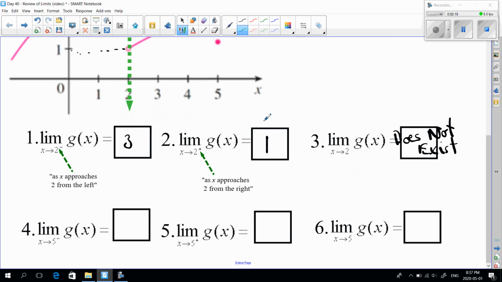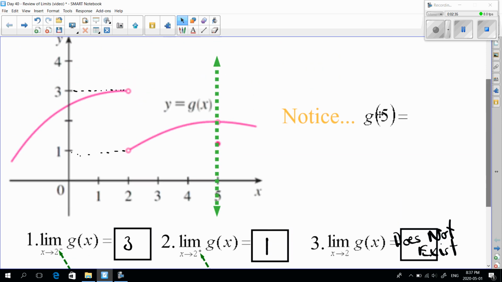Now we want to go to where x equals 5. I'm just going to move my straight edge, or your ruler, whatever you're using, to where x equals 5, so 5 units to the right. Again, I'm going to approach from the left and from the right, and then see what the limit is. If I approach from the left, I'm on this piece of the curve, it hops down, and I'm working my way back, and I arrive at a height of 2.